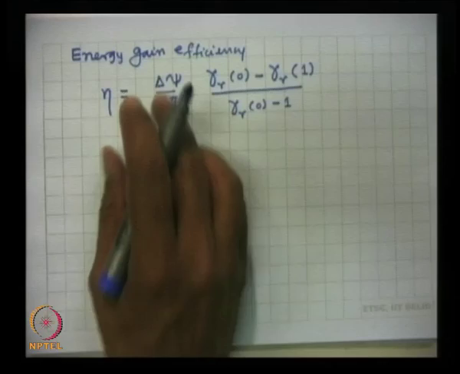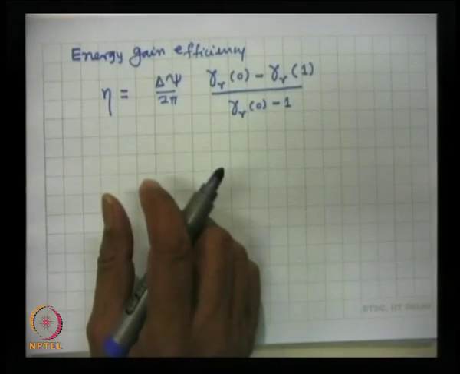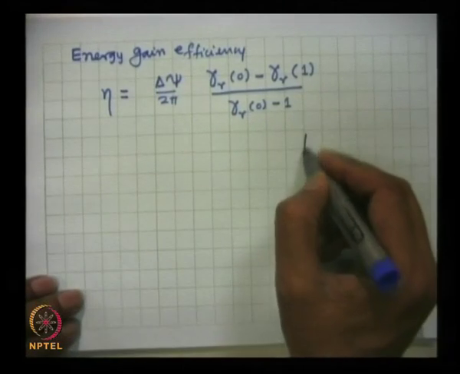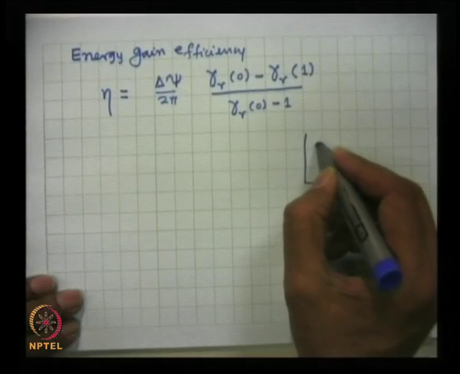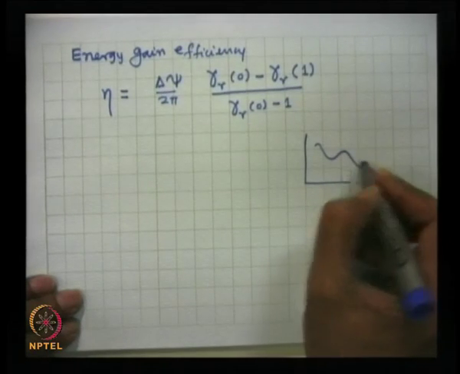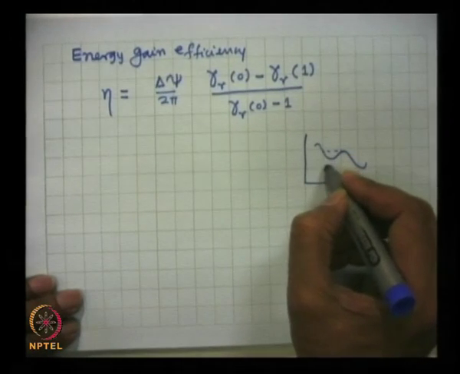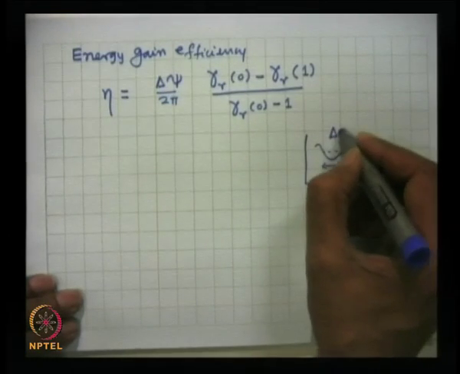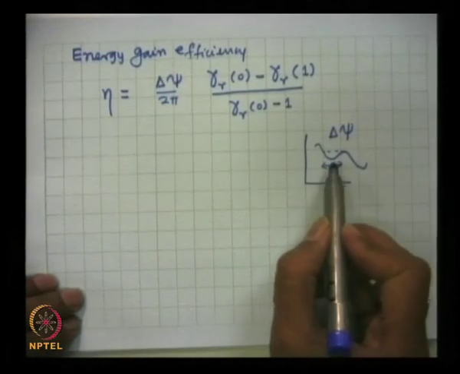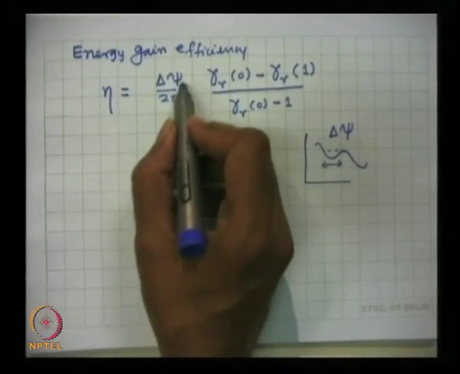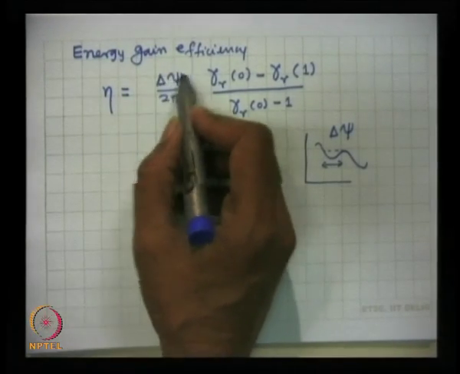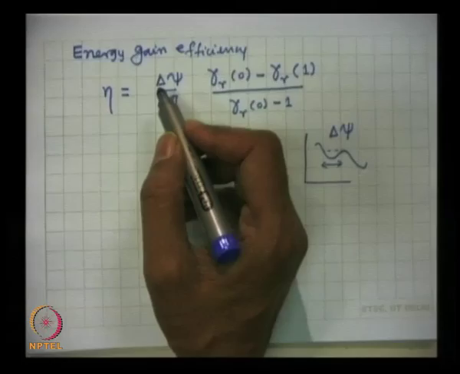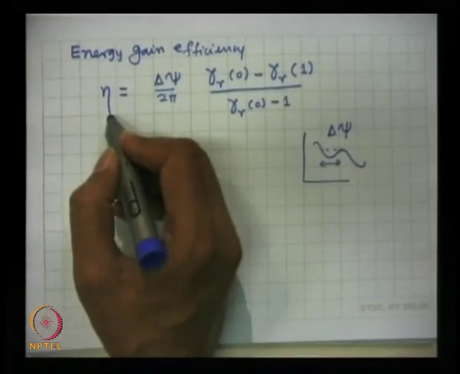Delta psi is the spread, the width of the bucket. As I showed to you, that potential energy curve goes like this. So, this is the width of delta psi, from here to here is delta psi. So, delta psi by 2 pi is a significant quantity, like maybe 0.2, 0.3, and efficiency can be achieved to be to the tune of something like 30%.